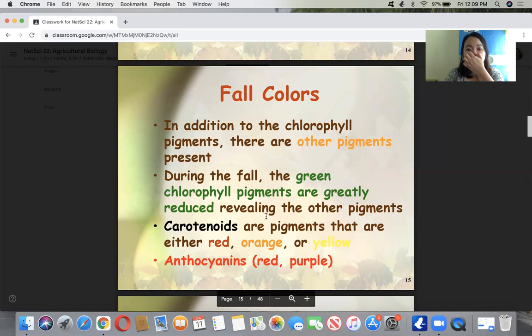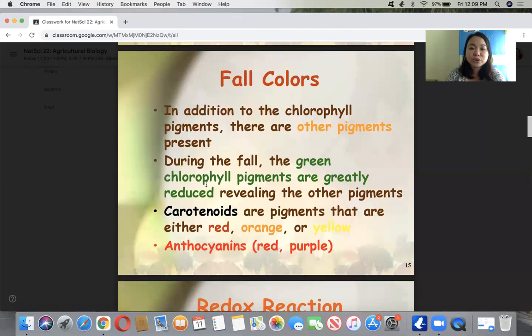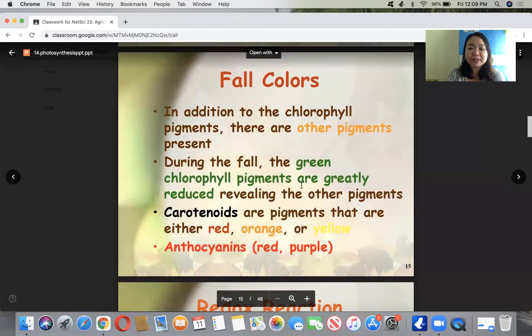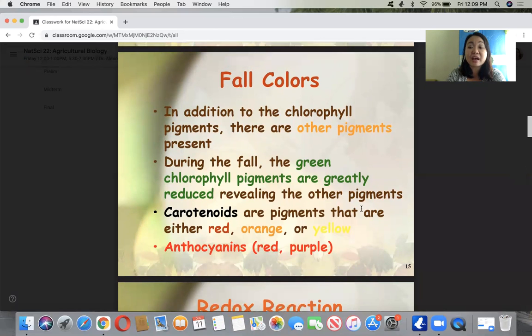In addition to the chlorophyll pigments, other pigments are revealed during the fall, as the green chlorophyll pigments are greatly reduced. Since the green color is no longer as strongly reflected, the other pigments show.